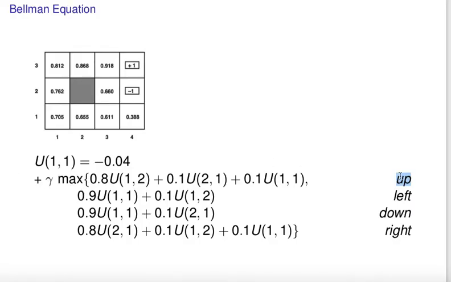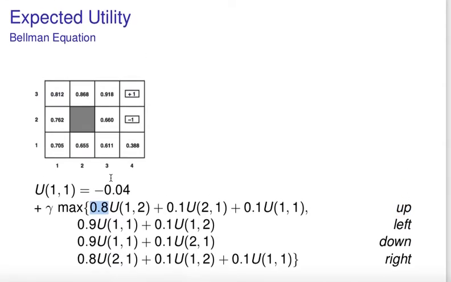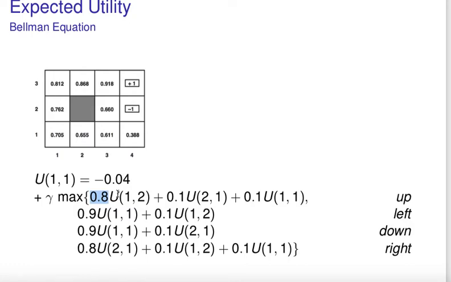So if the action is up, I have a 0.8 probability of going up times the utility of 1,2 because I'll end up in 1,2. Right? I'll end up here. Plus, there's a 10% chance that I will end up here because the robot can move sideways with 10%. And there's a 10% chance that I stay here because I try to go and there's a wall, right? So I stayed here.